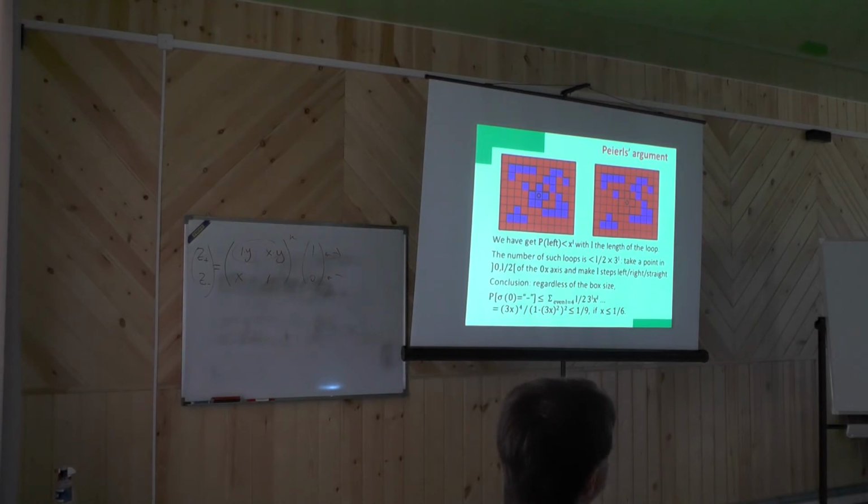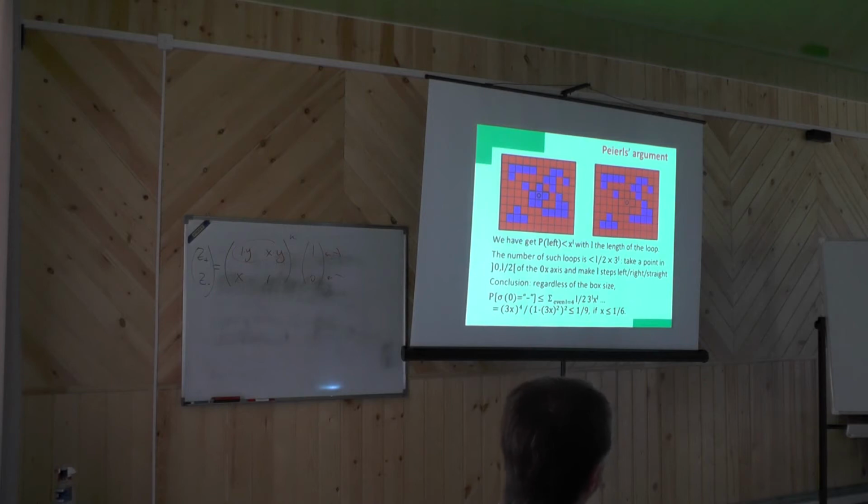This is a very stupid and straightforward estimate for the number of loops of length L. We start somewhere at a distance no more than L over 2, because we have to have a loop of length L around. And we walk L steps, and each step goes either straight or left or right. So at each step there are 3 choices: L steps, 3 to the power L choices, and we start from L over 2 possible points.